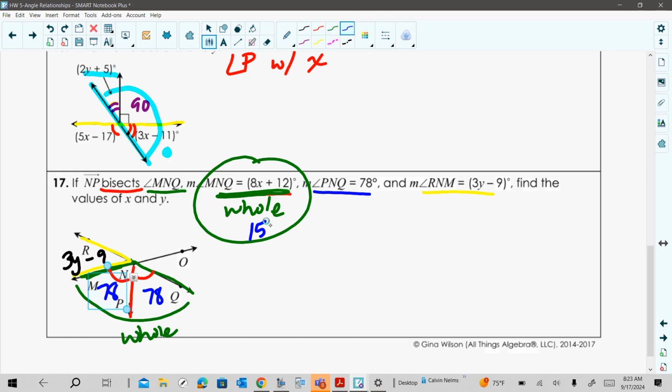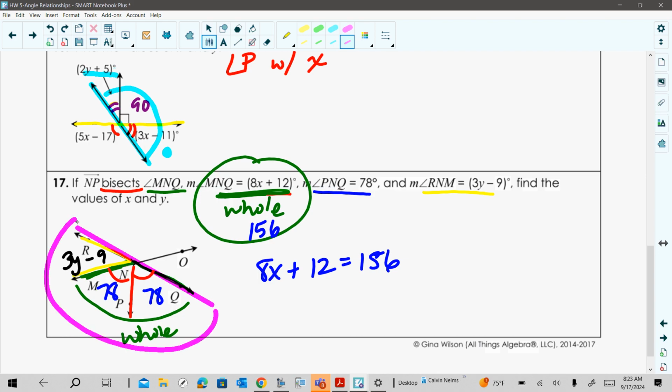Yeah, 156. So we should start off using 8x plus 12 equals 156. Solve for x, but then for your y, I already know 78, 78, so I just need to use my line right here, that is 180. If I add all three angles up, they would have a sum of 180 to find the y.